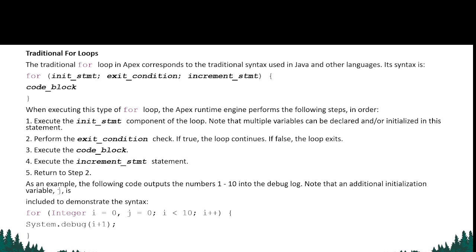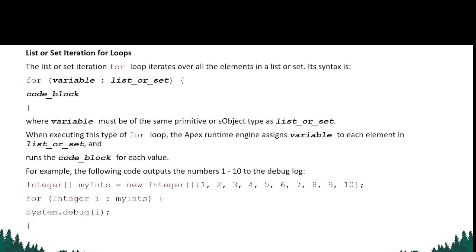For the traditional for loop, the example given here is: for integer i equals 0, that is initialized, and then i should be less than 10, and then incremented, System.debug i plus 1. Then in the list or set iteration for loop, the example I have taken is code that will give the output between 1 to 10.